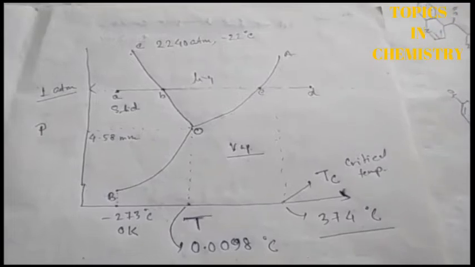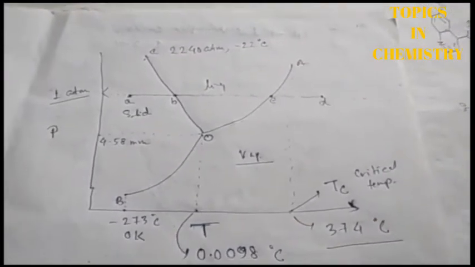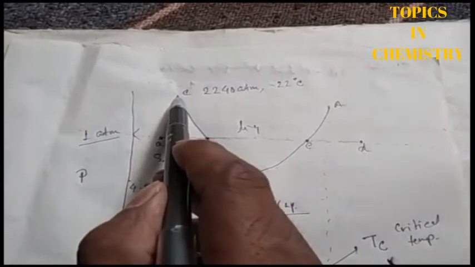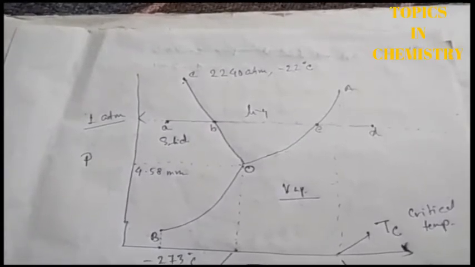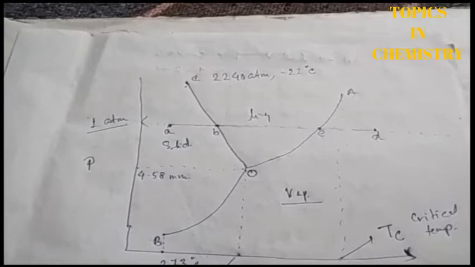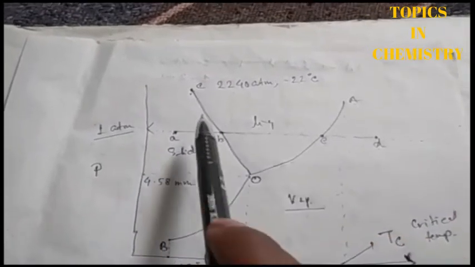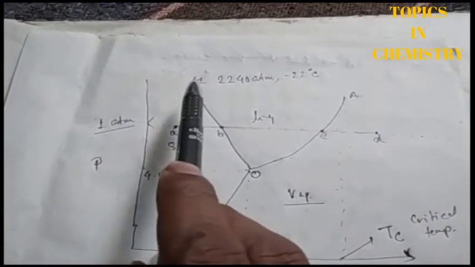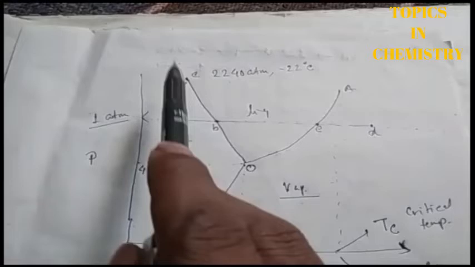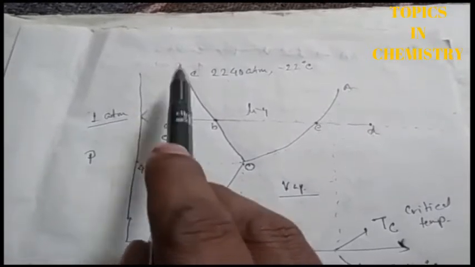Now, the high pressure phase diagram of water. You can see at C the pressure is very high, and as I told you, at high pressure water actually exists as ice. It reaches minus 22 Celsius and 2240 atmosphere at point C. Now the question is, what will happen if the pressure increases further after point C?